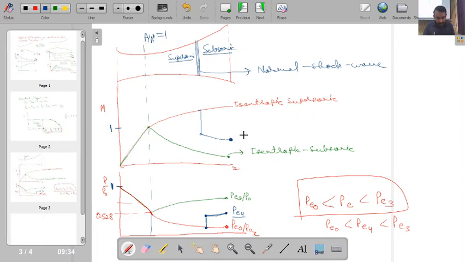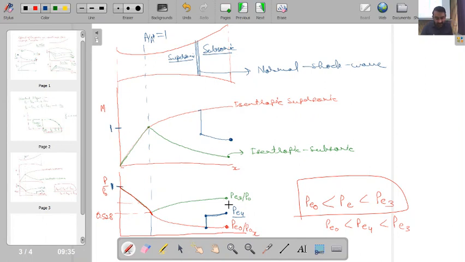Okay, so the important point is, if I have any pressure in between P3 and P naught: P3 is the pressure required to achieve sonic condition at the throat for complete isentropic subsonic flow, and P naught is the pressure which gives us combined isentropic subsonic and isentropic supersonic situation.